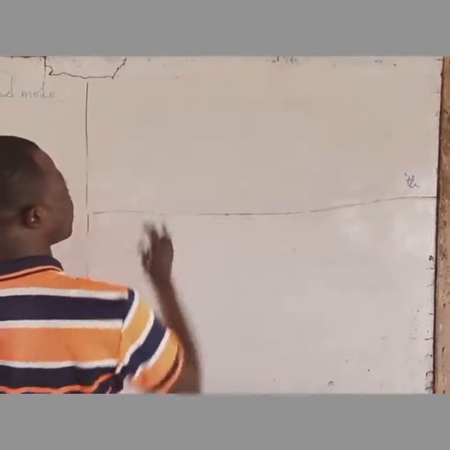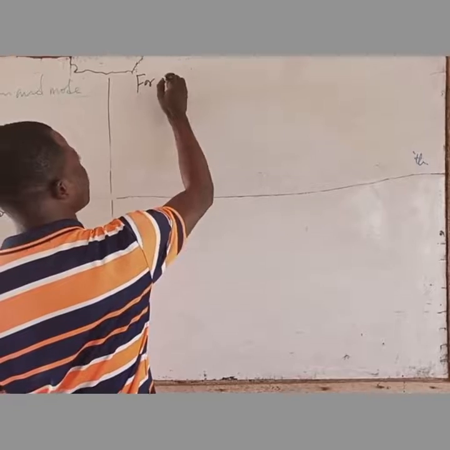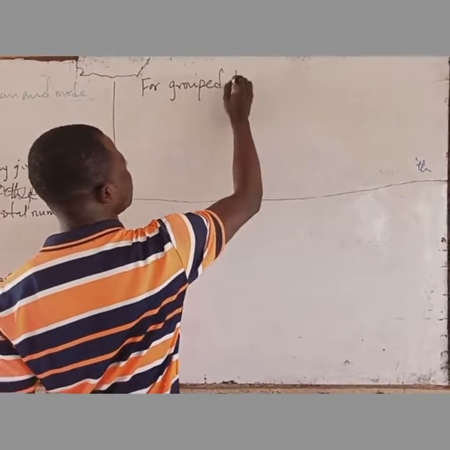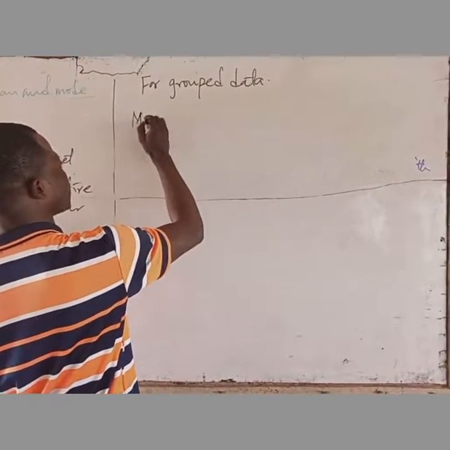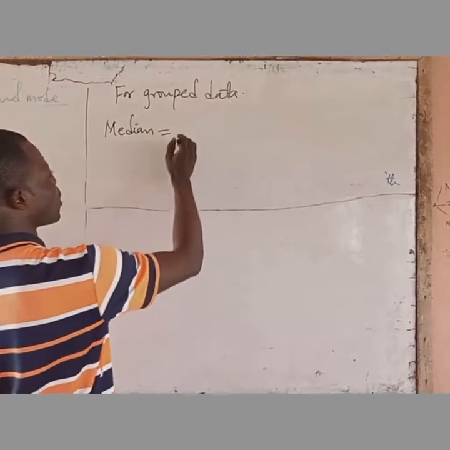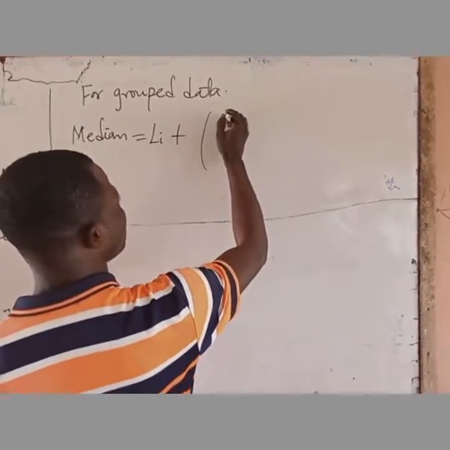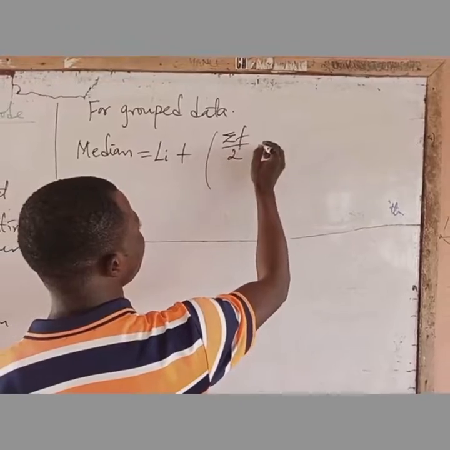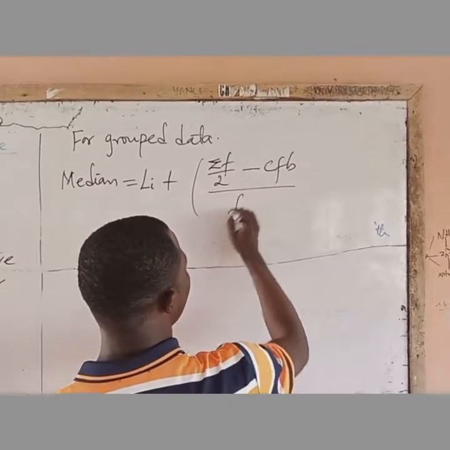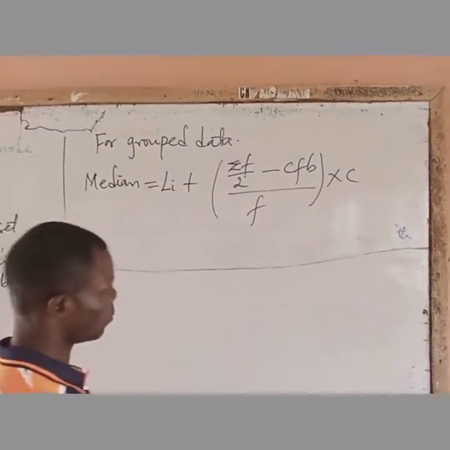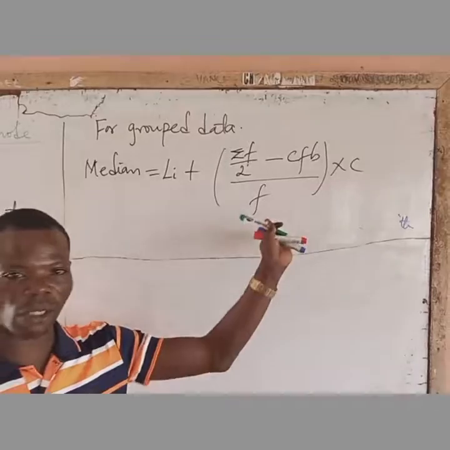For grouped data, we have median equal to Li plus summation f over 2 minus CFB, all over f, times C. So this is the formula for calculating the median of any grouped data.